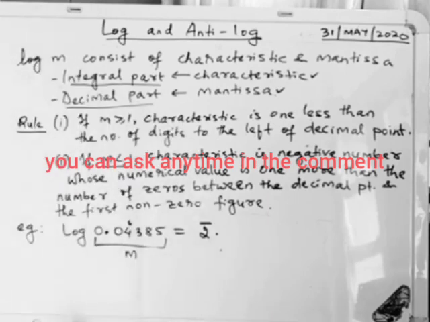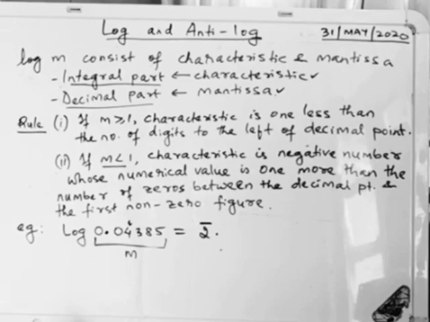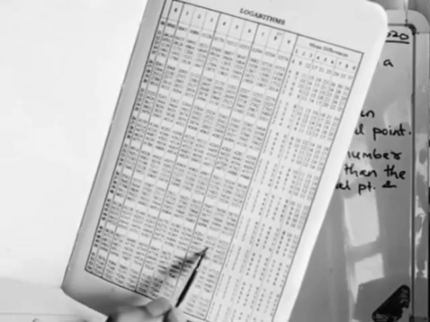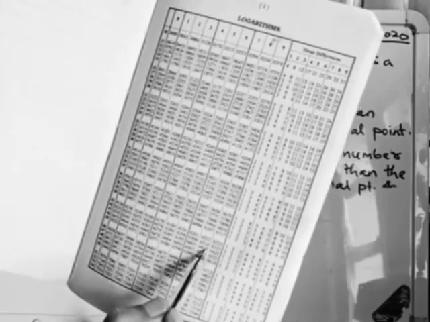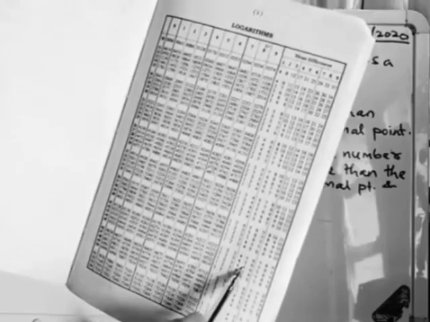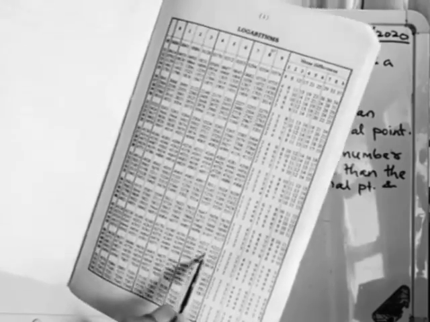We look at the log table again. 4385. Log table 43. See, 43 is here. 43.8, where is 8? 43.8 is 6415, the same number, plus mean difference 5. That means 6415 plus 5 means 6420.